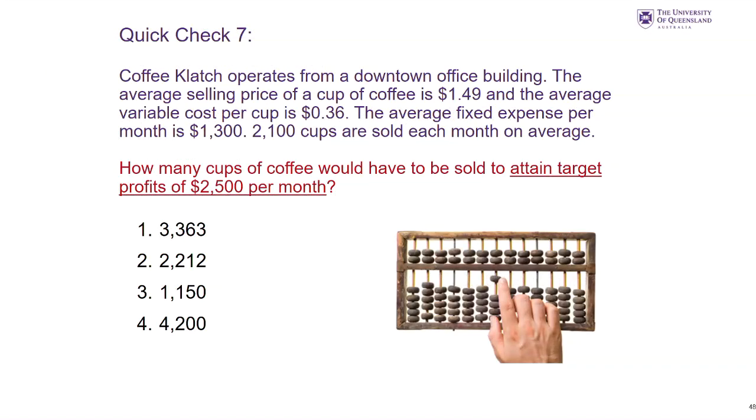Okay, so for that coffee example, now we want to make a profit of $2,500 per month before tax. How many coffees do we need to sell?